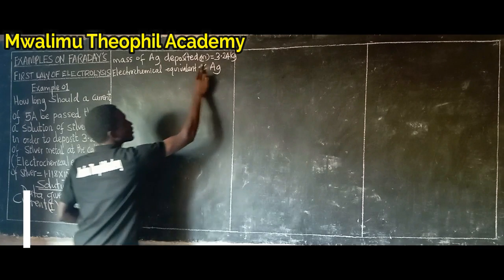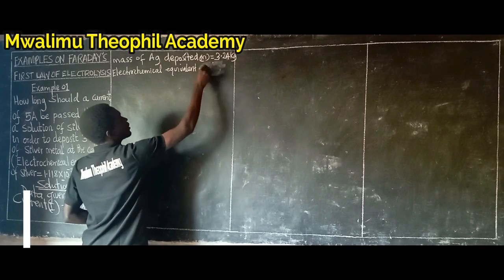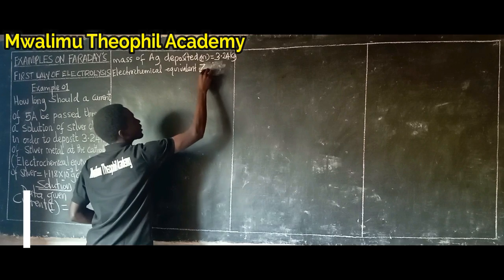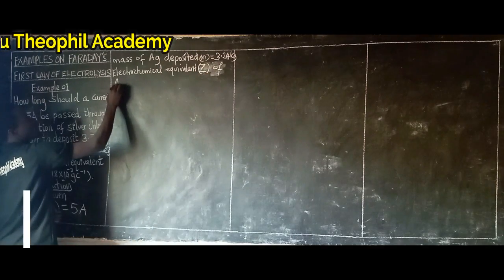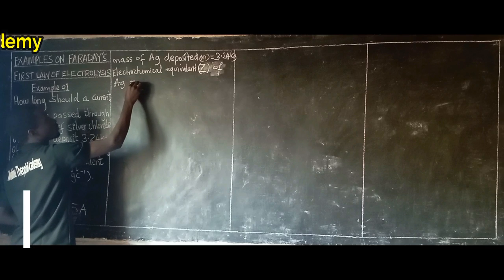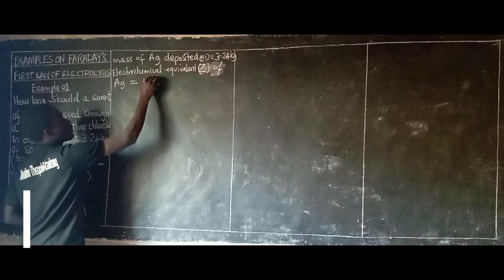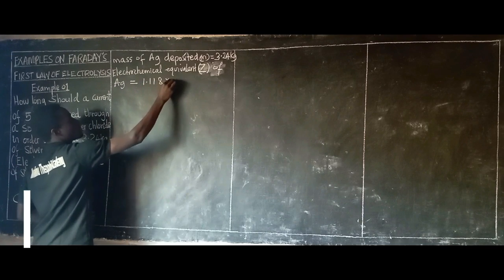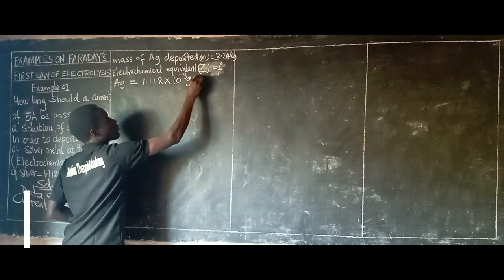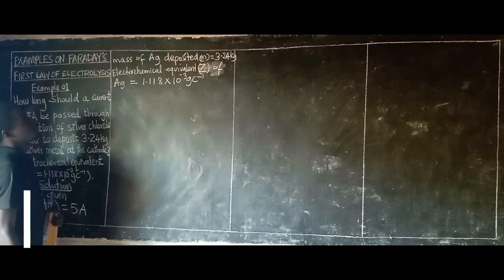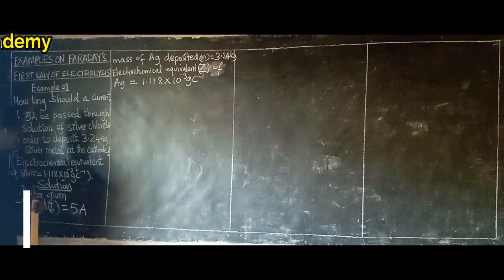You have to know that the symbol for electrochemical equivalent is Z. Z of silver is equal to 1.118 times 10 raised to negative 3 gram per coulomb. These are the data we have.